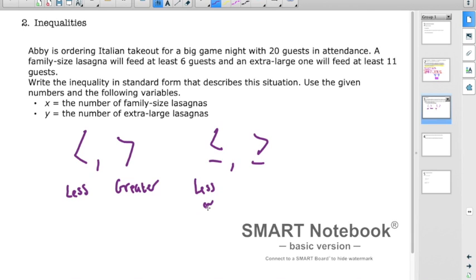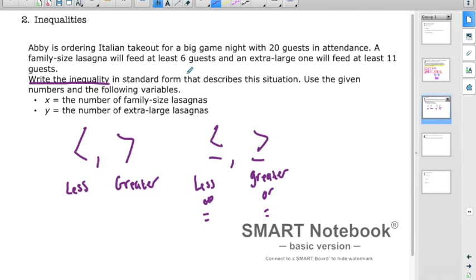Less or equal, greater or equal. Don't forget about those, okay? And then say you have maybe a nice word example like this, and it wants us to write the inequality.